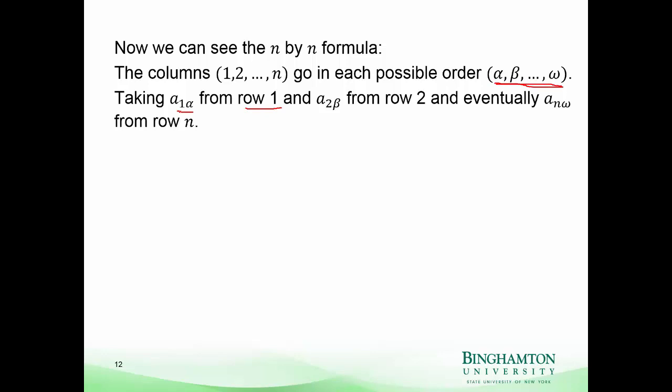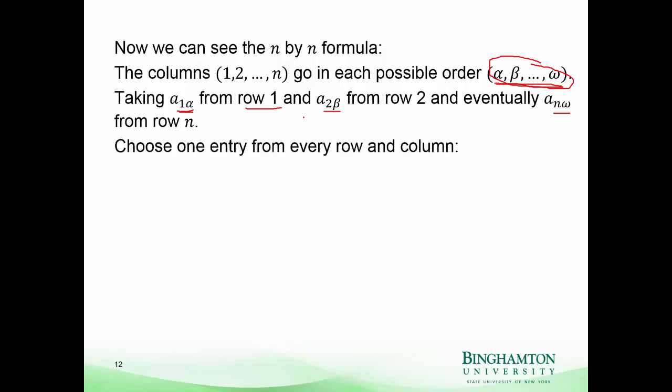So we're going to go 1 alpha, 2 beta, 3 gamma, all the way out to n omega. We just went through the rows. Now we're going to find the next reordering of the numbers 1 through n, and we'll go 1, that new alpha, 2, that new beta, and so on.